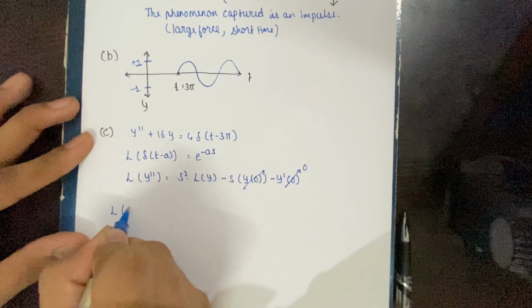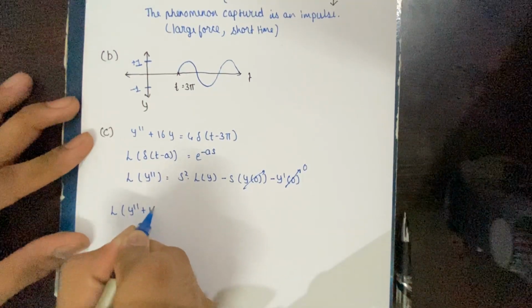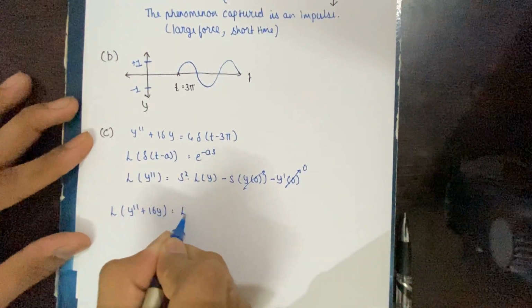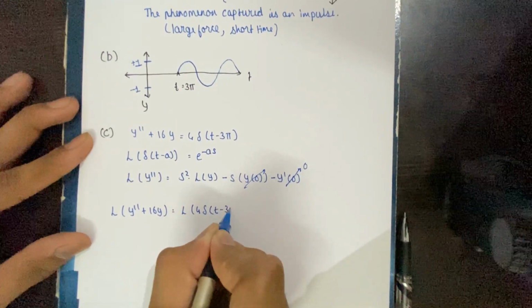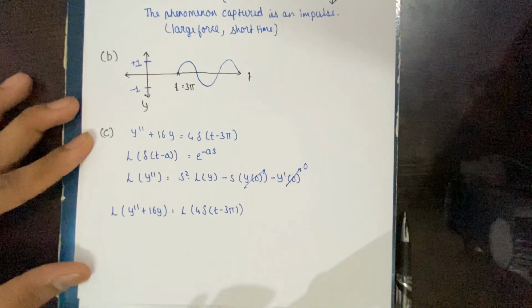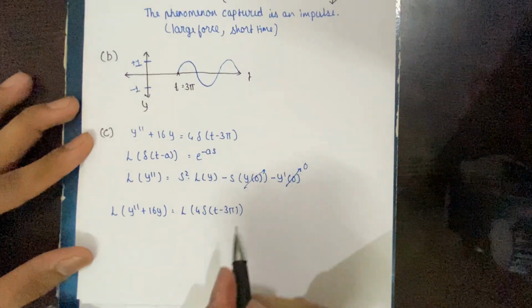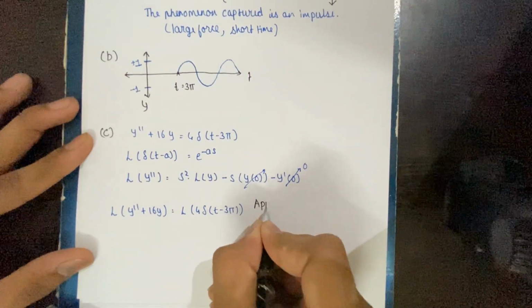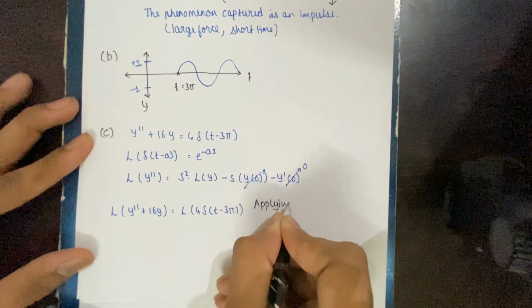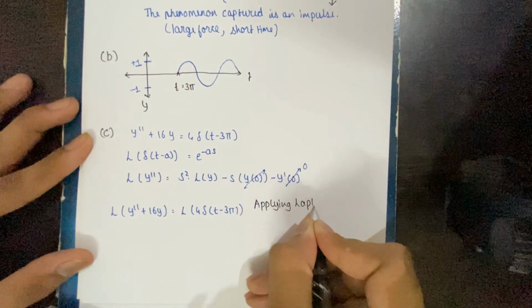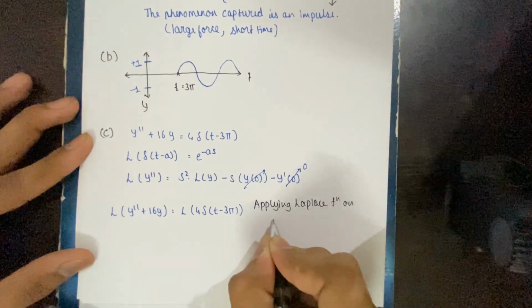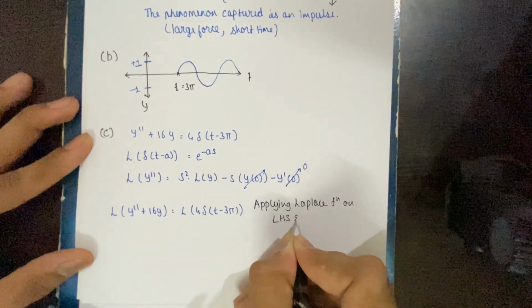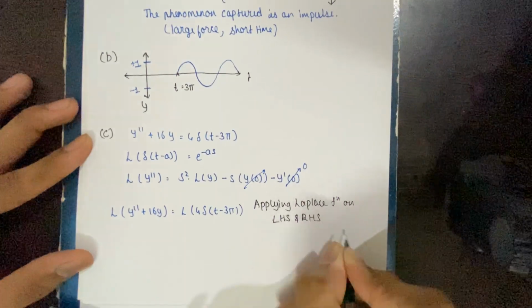So Laplace of y double dash plus 16y equals Laplace of 4 Dirac delta t minus 3 pi.